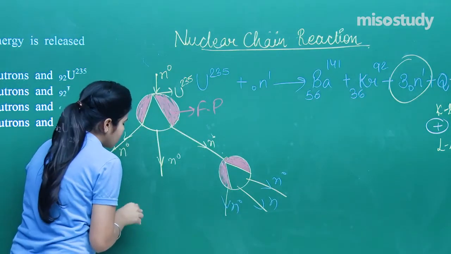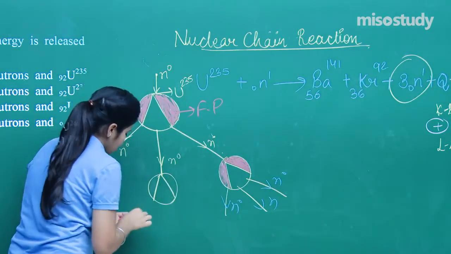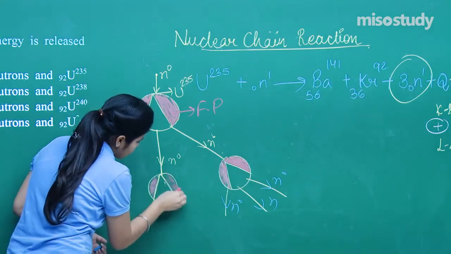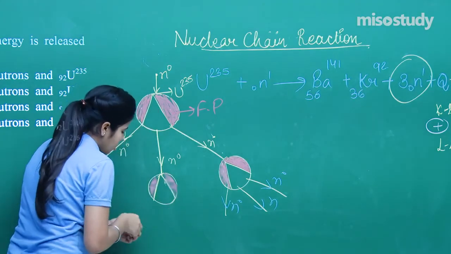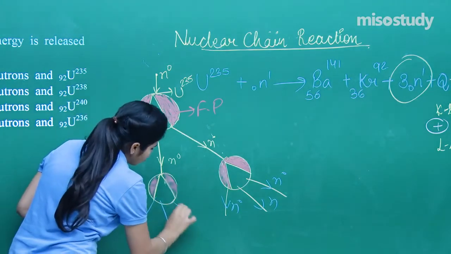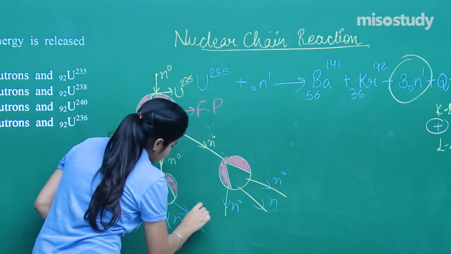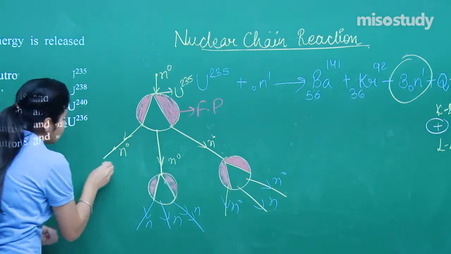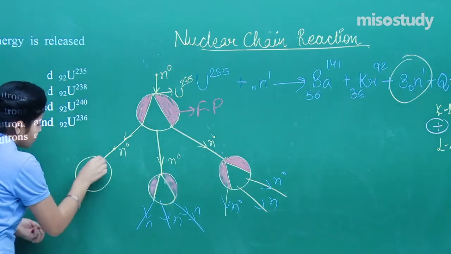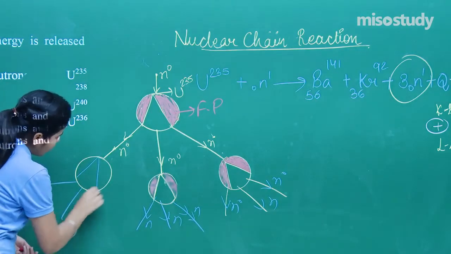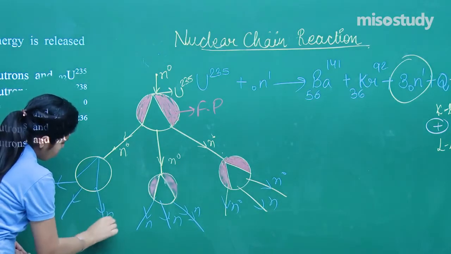This will be your fission products, and this will be your 3 neutrons. Again, here will be your fission products and these will be 3 neutrons.